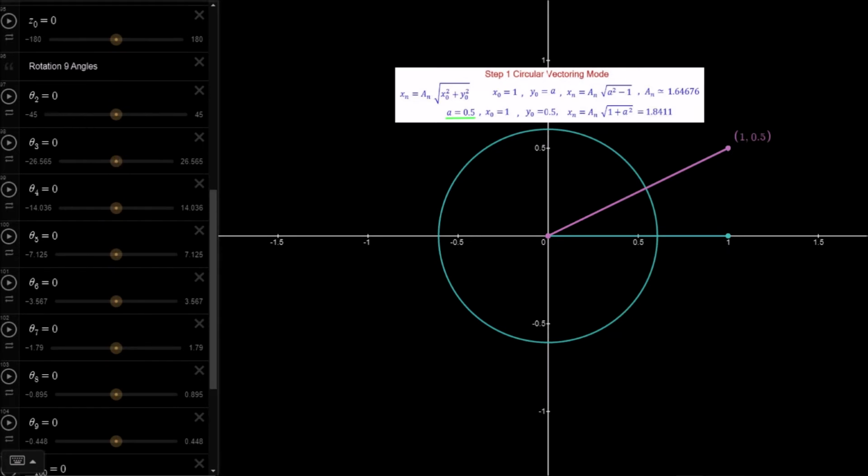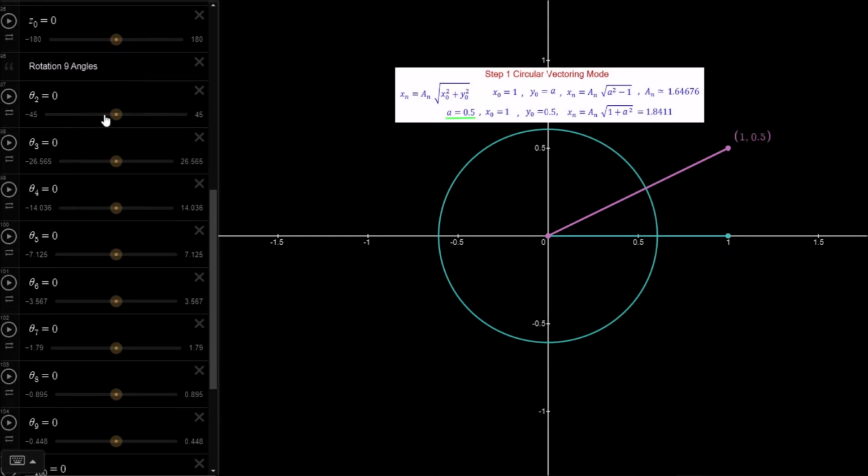And we know our angles that we have here. So I can quickly look at this and say, well, the value here for our yi is positive. So I'm going to have to subtract this angle off first of all.